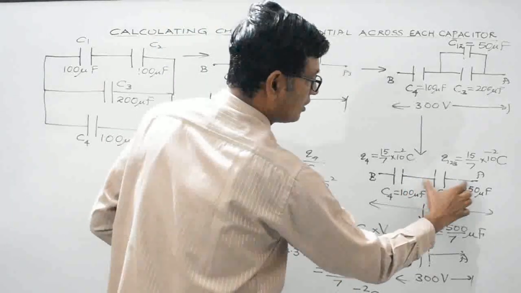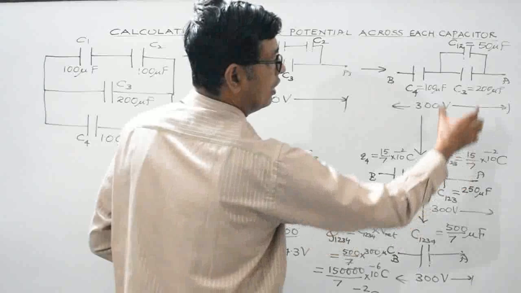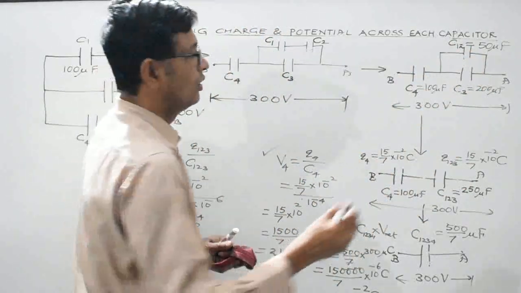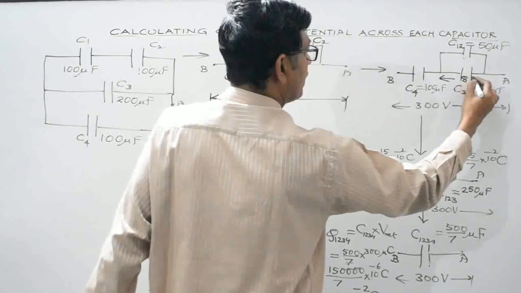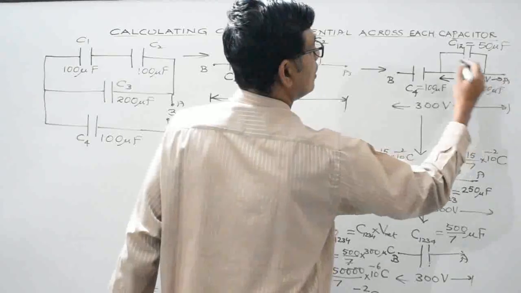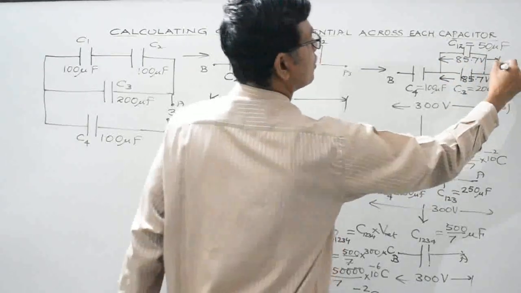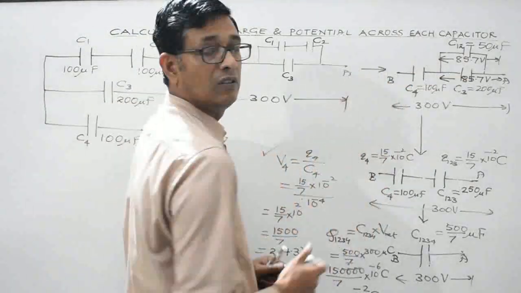Here the potential difference is 85.7 volt. So across C3 and across C12, it should be having the same value, 85.7 volt. So we have found V3 as well.